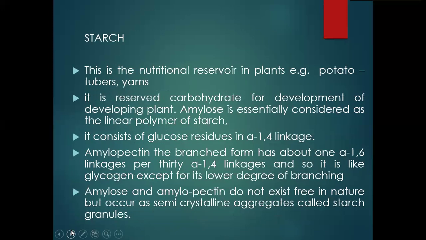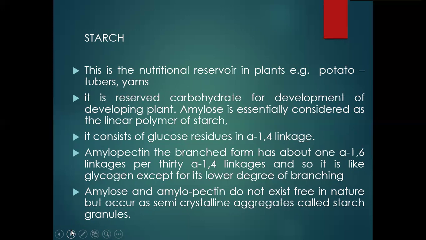Starch, on the other hand, is a nutritional reservoir of polysaccharides in plants. For example, you find starch in potatoes and tubers of yams. It is a reserve carbohydrate for the developing plant. Amylose is essentially considered a linear polymer of starch. Amylose consists of glucose residues in the alpha 1,4 linkage.